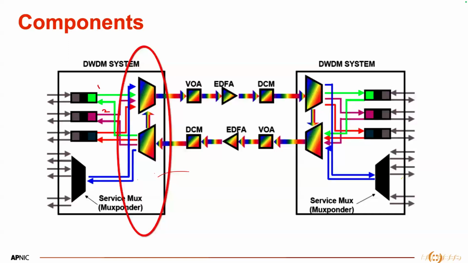For now, take this statement: you cannot repeat wavelength. You can repeat a wavelength only if you make sure the repeated wavelength from one point to another is not going to see each other in the network. Do you understand what I'm trying to say?